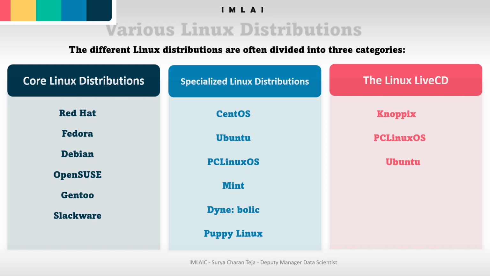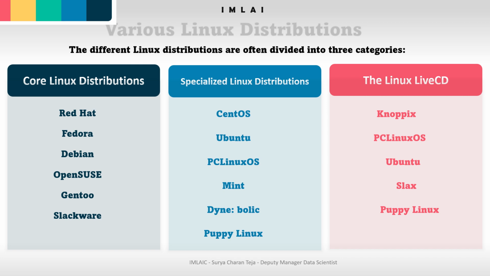Then we have Slax, a live Linux CD based on Slackware Linux. Then we have Puppy Linux, a full featured Linux designed for older PCs. That's just a small sampling. It's an ocean. It's bigger than the ocean. So you will have a huge number of Linux distributions.